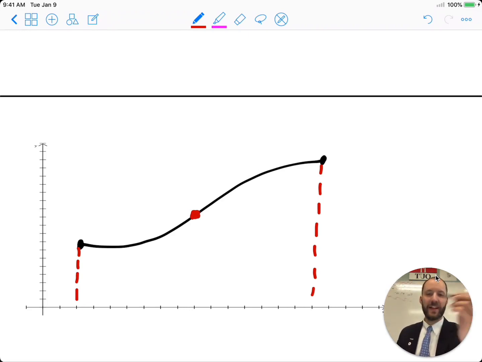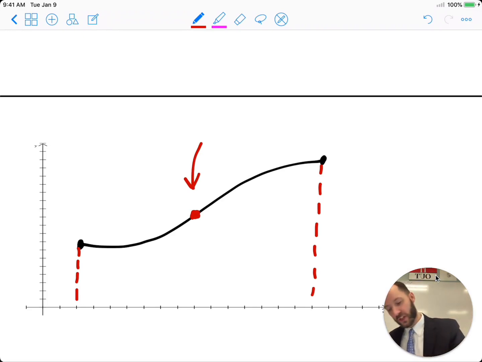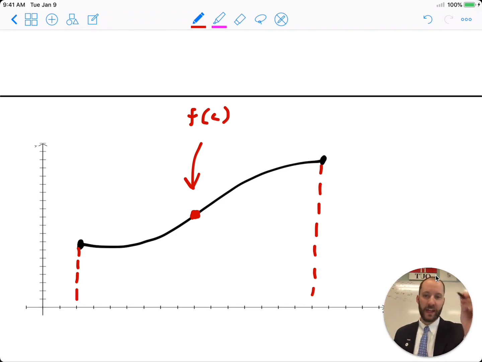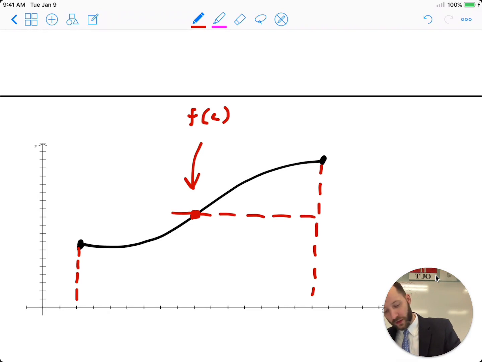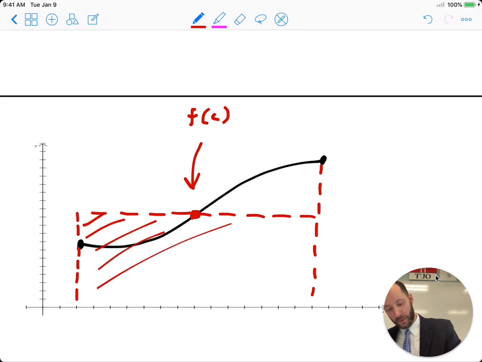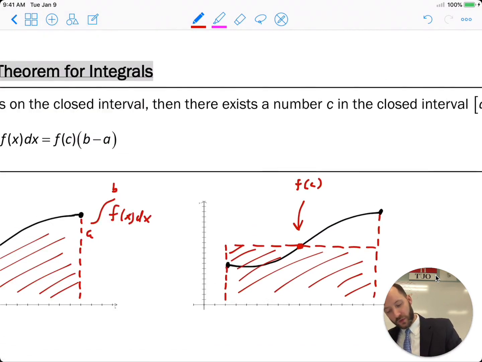And that c value, when you plug it into the equation, gives you f of c. And f of c, that height, taken over the interval, gives you an area, some above the curve, the rest below, so that those two areas are equal.